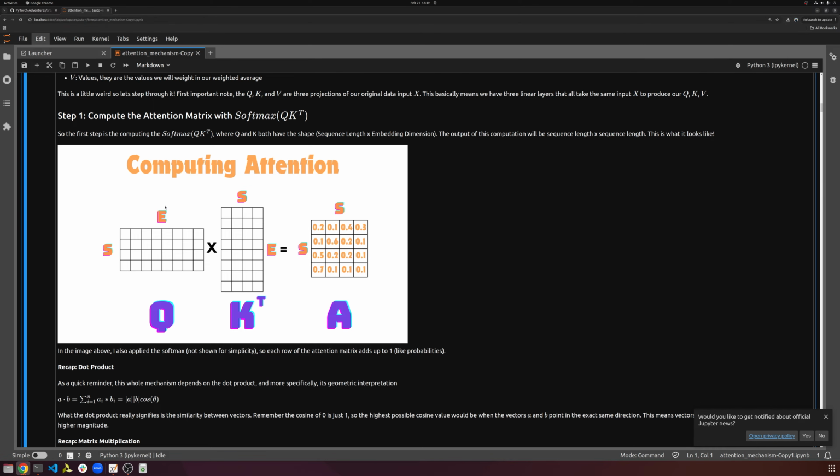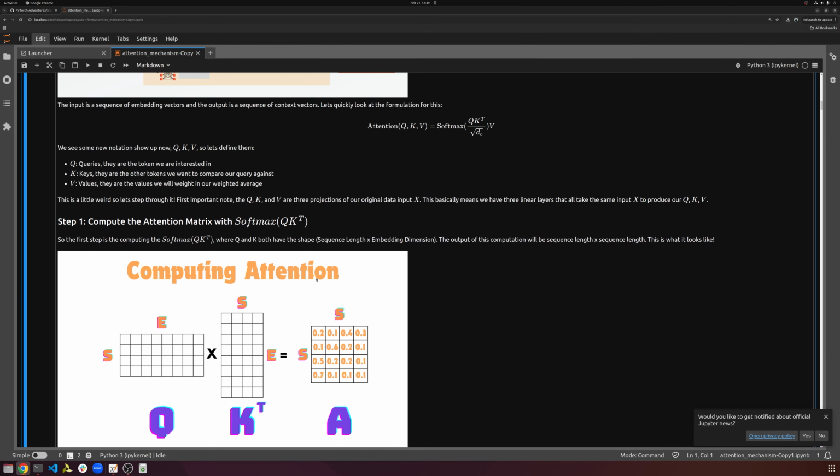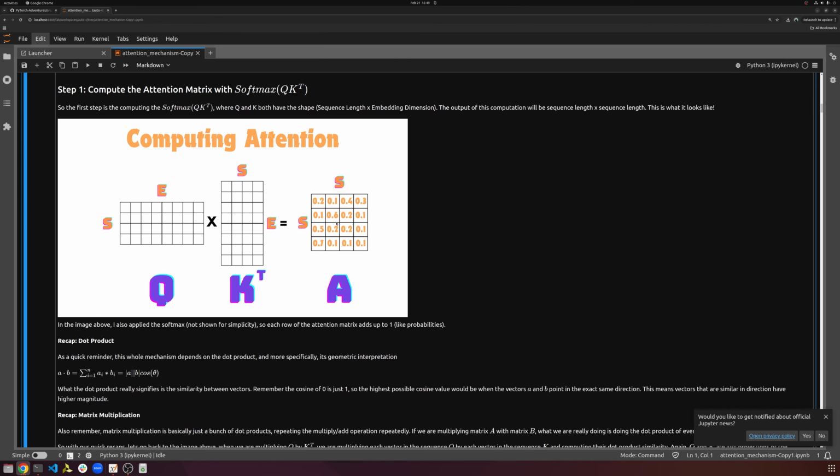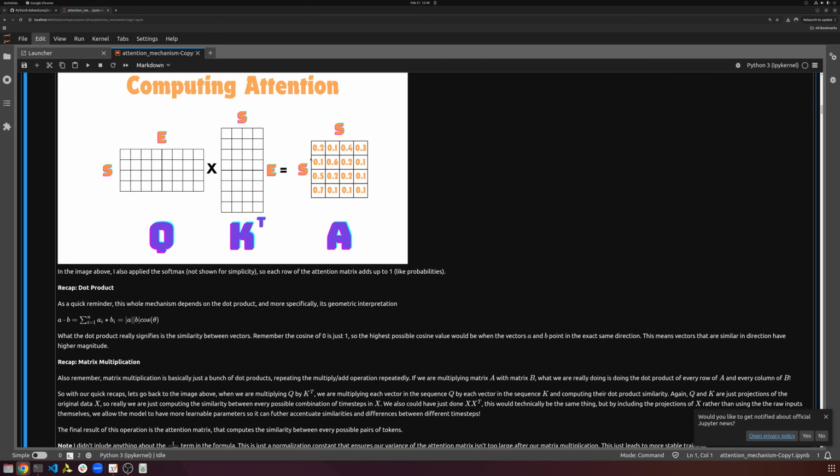So again, quick recap. We do QK transpose, we divide by the scaling factor and do a softmax, and it produces a matrix of how every token is related to every other token. And these relations are converted to probability vectors, but really they just add to 1, right? It's harder to interpret them as probabilities. You can just think about them as normalized proportions of how one word is related to all the other words.